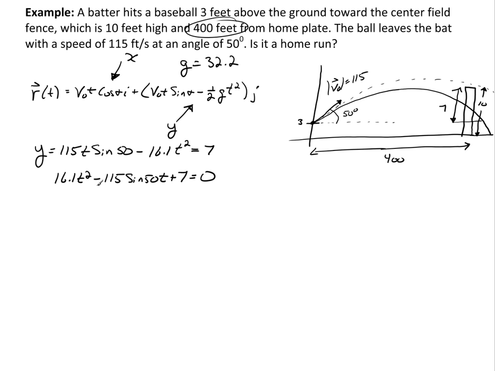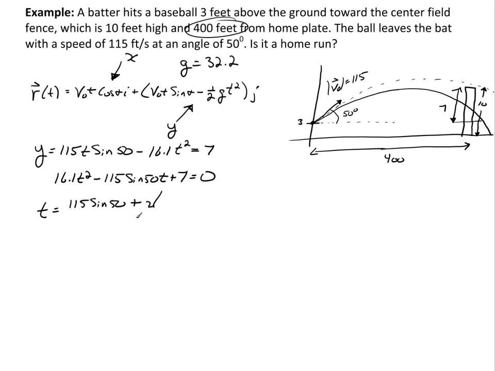See, now I've set it up very clearly as quadratic in t, and I'm just going to jump to the old-fashioned quadratic formula. So I'm going to have a negative b, which is negative 115, so that's 115 sine of 50 plus or minus, and quite frankly, I'm not even interested in the minus, so I'm just going to put the plus there. I don't really care what the negative part is.